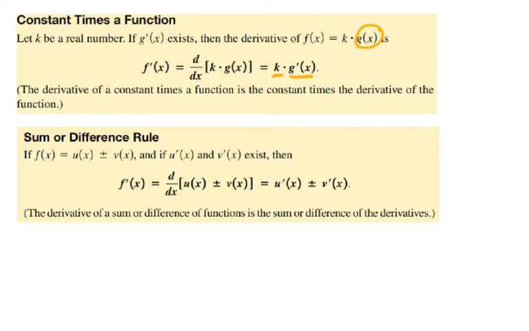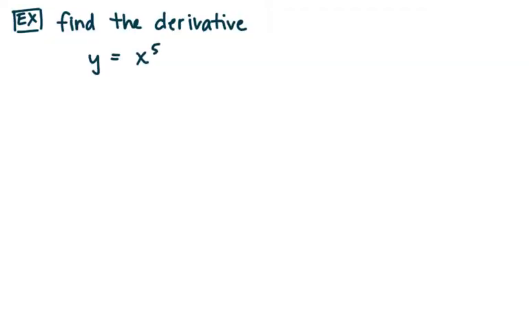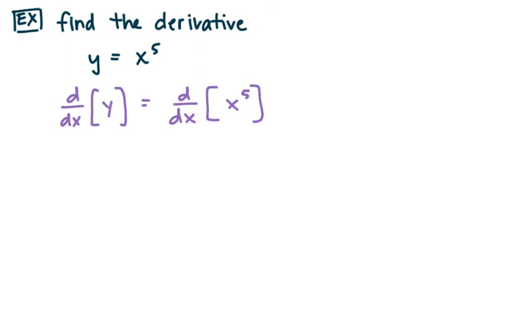So let's look at a couple of examples where we apply all of these rules together. For the first example, we're going to find the derivative of this function. What we have here is y equals x to the fifth. So when we go to calculate the derivative, we're going to say the derivative with respect to x of y. And that means we're taking the derivative with respect to x of x to the fifth.